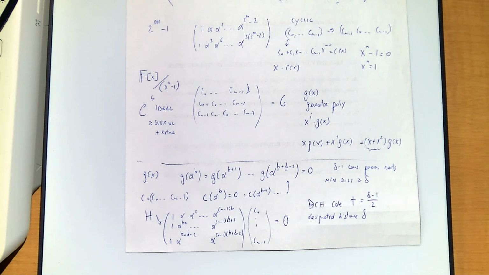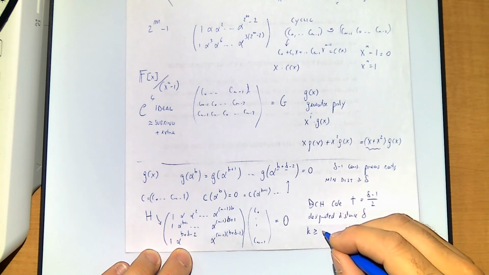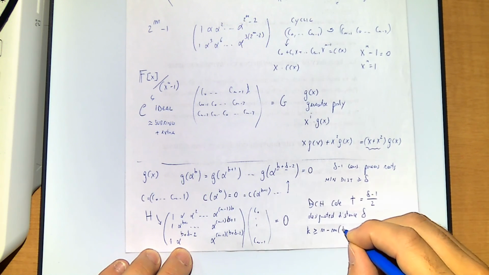Okay, so what you're going to have is a parity check matrix that has delta minus 1 rows here, and then the length is going to be n. So this BCH code has length n and dimension k, which is at least n minus m times delta minus 1.